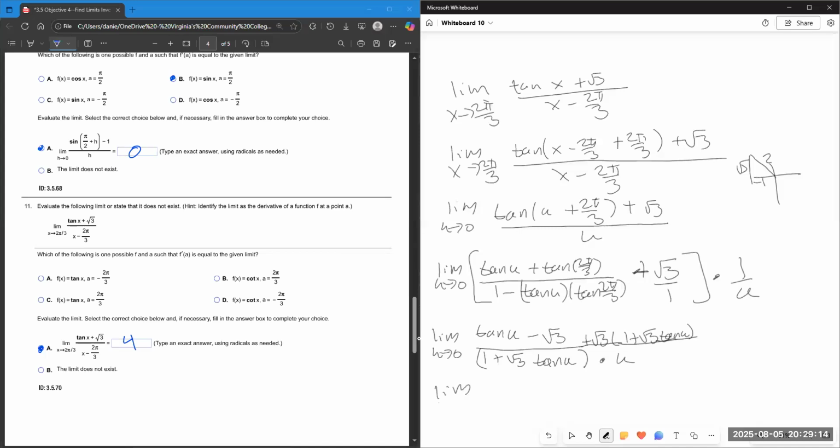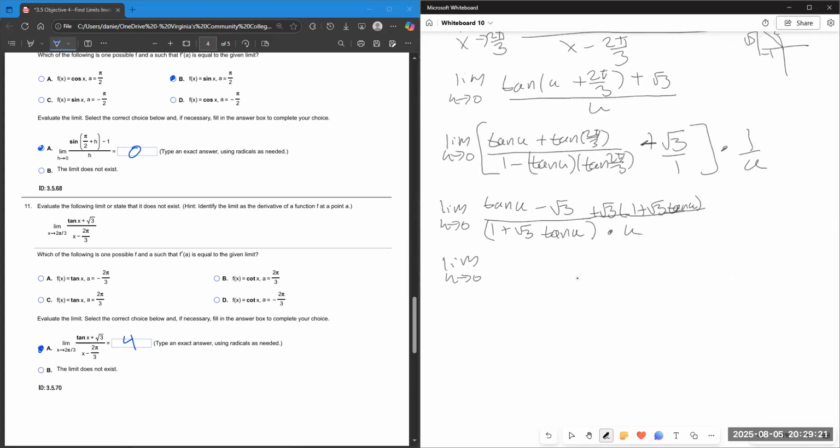The limit as u goes to 0 of, bring this up, tan u minus root 3 plus root 3 plus 3 tan u over 1 plus root 3 tan u times u.